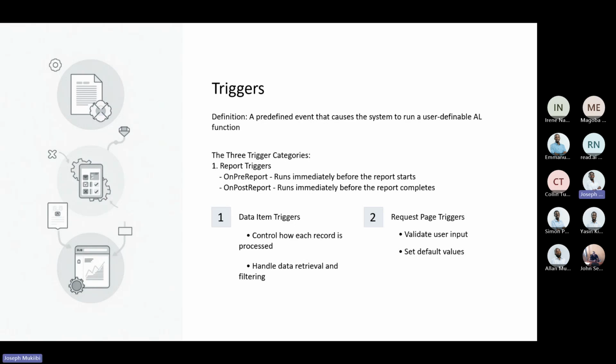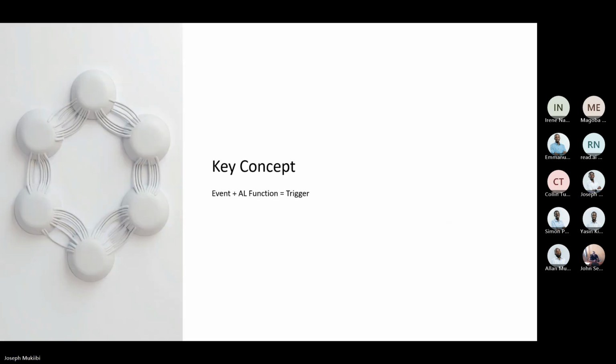So we have the data item triggers and then the request page triggers. The request page triggers are for validating user input and setting default values. Then you have the data item triggers for controlling each record that is processed, and handling the retrieval and filtering of the data. These are some things that we've been doing every day.